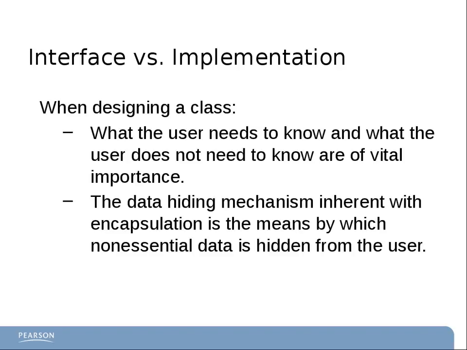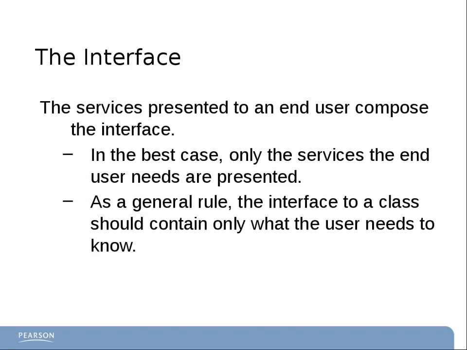Let's see what the book's definitions are. When designing a class, the user needs to know what the user does. Okay, that's just the interface. So the services presented to the end user compose the interface. And what you want to do is minimize the interface while still allowing the user as many capabilities or functionality as possible.